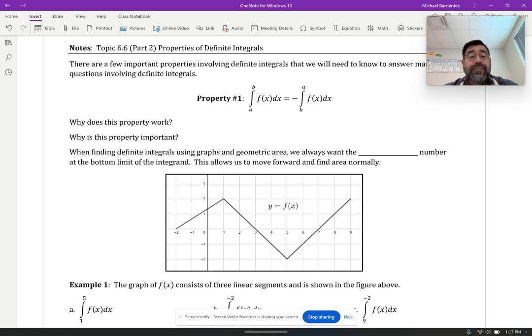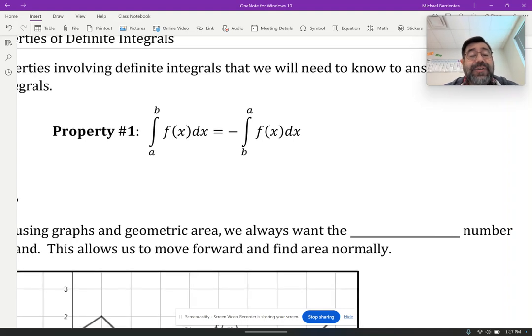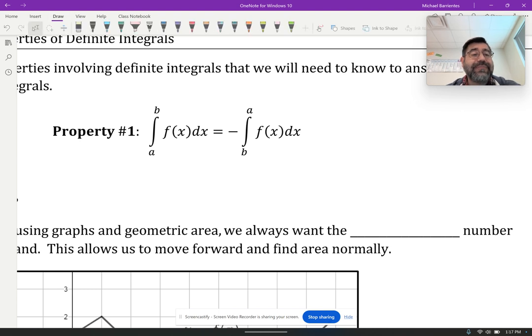So here's property number 1, and it's written in symbols, and I need us to read it and see if we can understand what it's trying to tell us. Property number 1 says, if you're taking the integral of f of x dx from a to b, that equals the negative or opposite of the integral of f of x dx from b to a. So what happened with these symbols? What's different?